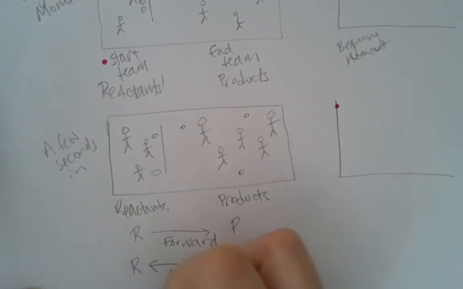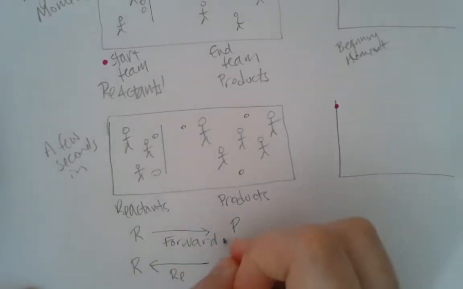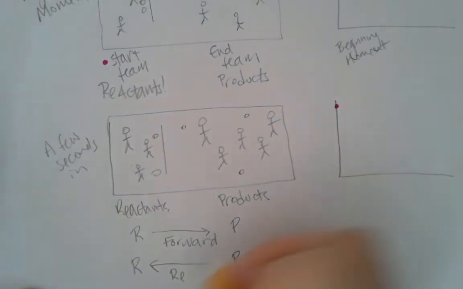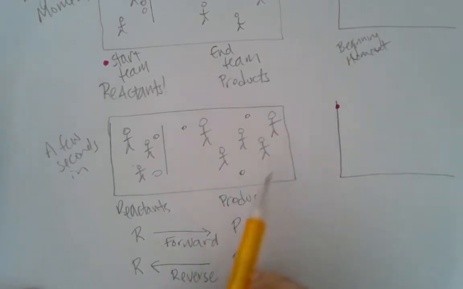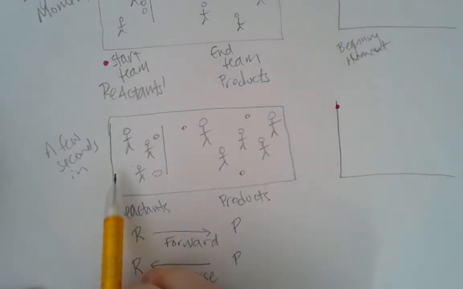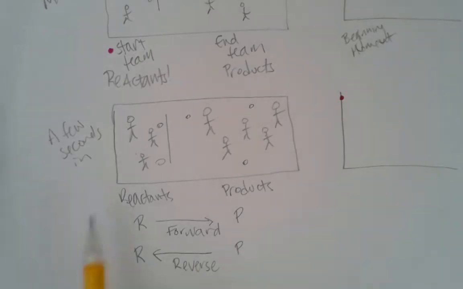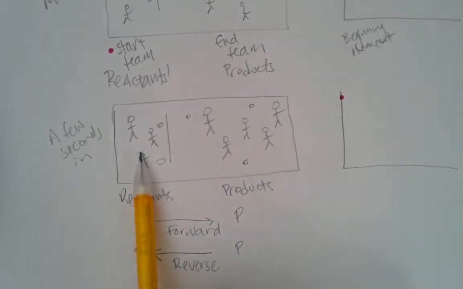And you start to see both a forward reaction, reactants turning into products, and a reverse, a backwards reaction, where the products are throwing their bouncy balls back to the reactants. And both things happen. So some reactants turn into products, throw their bouncy balls to the products. Some products turn into reactants, throw their bouncy balls back to the reactants.